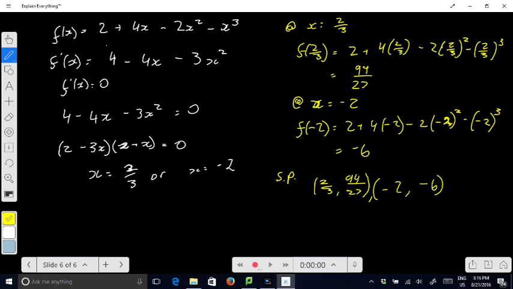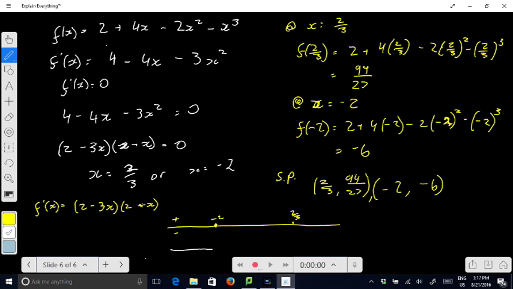So because we know f'(x) is (2 - 3x)(2 + x), I can make a sign diagram using that information. So we've got plus and minus. All my zeros are going to be at -2 and 2/3. I've got a negative x² term over here, so I'm going to start in the negatives. At -2, here's my 0. I go across.